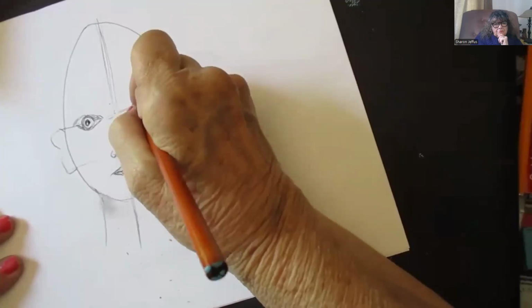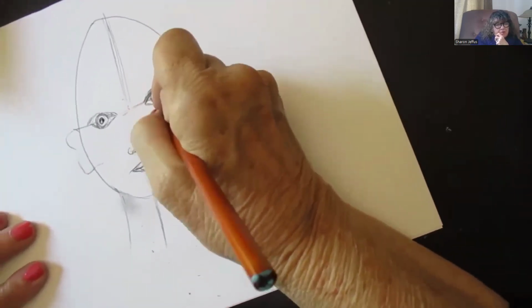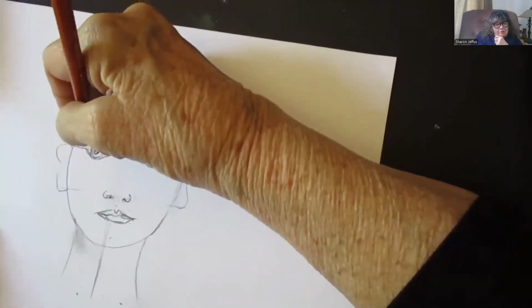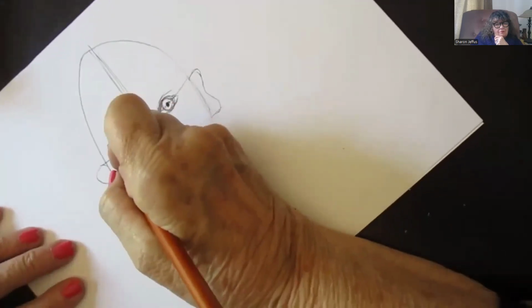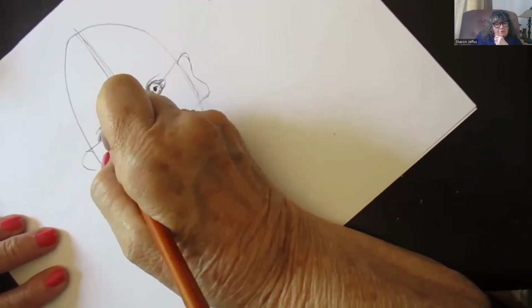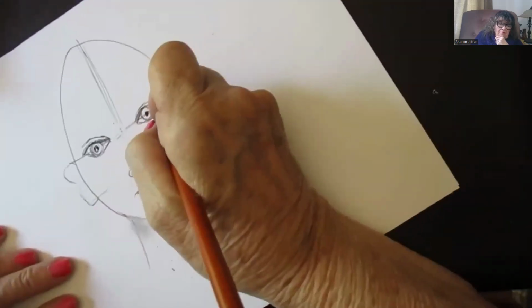When you have your eye, and then you have your eyelid, and you have your eyebrow, you're getting it to look more real. And the golden mean, or as we read about in the PowerPoints, we have the classic proportions. This is the classic proportions of the face.